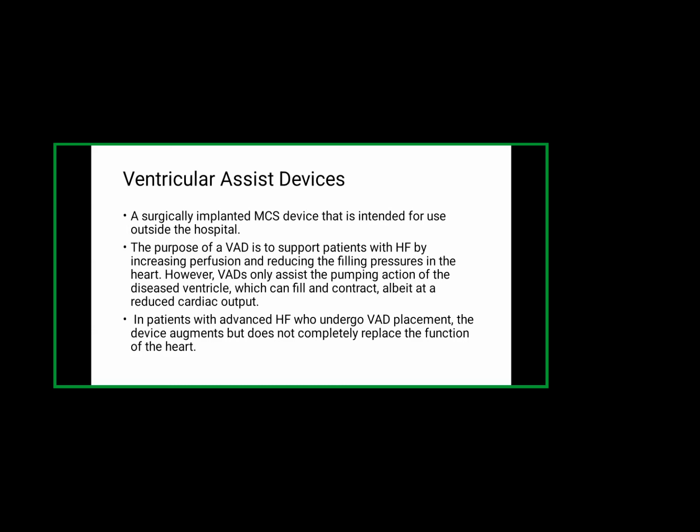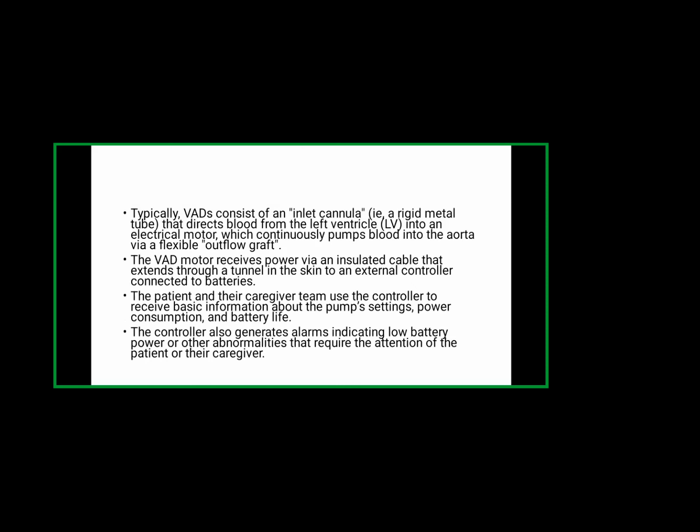So what they do is help the diseased ventricle to actually fill and pump out blood. Okay, so ventricular assist devices augment but do not completely replace the function of the heart.